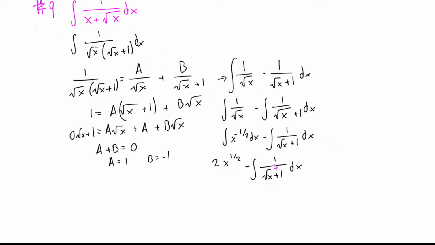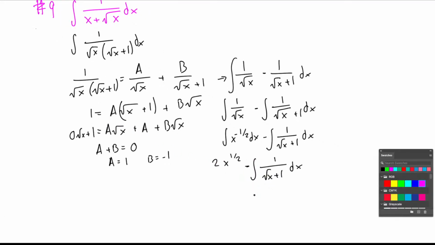If square root of x is equal to x to the 1/2, which is equal to x to the 1/4 times x to the 1/4. Correct?